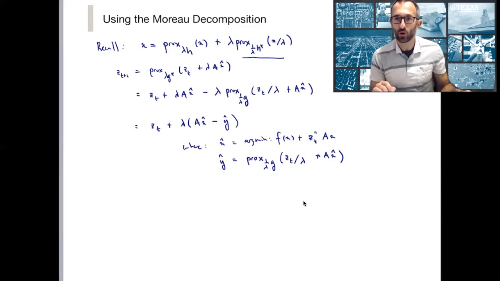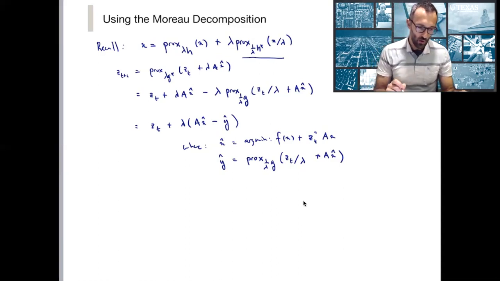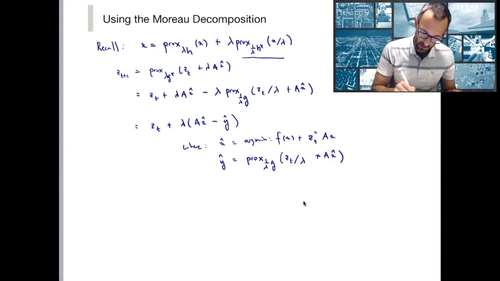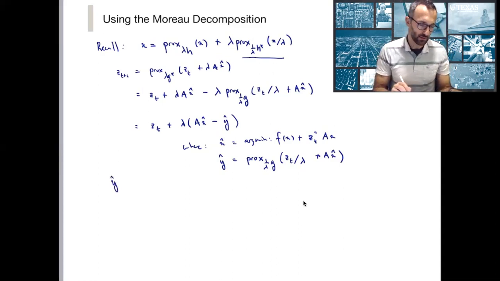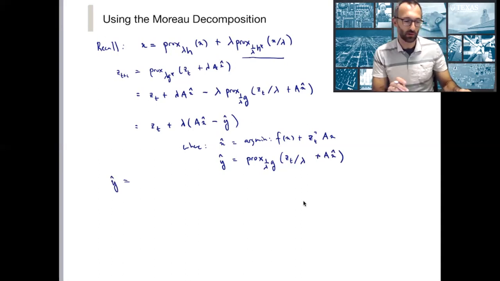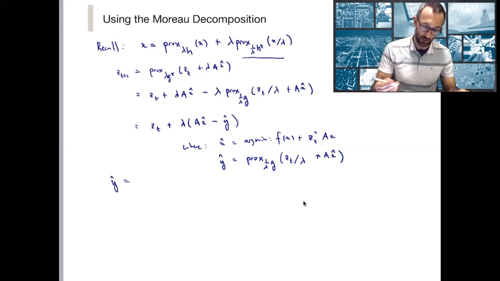And based on our work on the proximal point algorithm, we can write a little more carefully what y hat is. y hat is this prox, and as always, when trying to deal with prox, I'm going to write out what the argument is and look at what the optimal solution is.